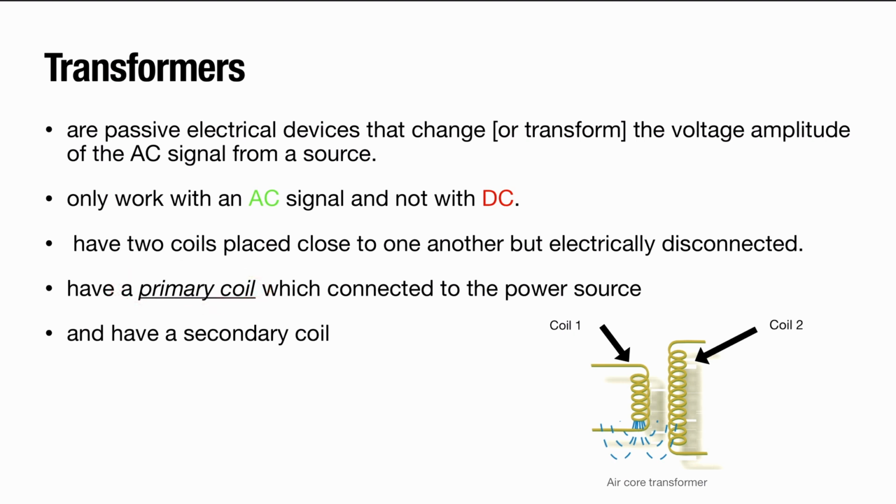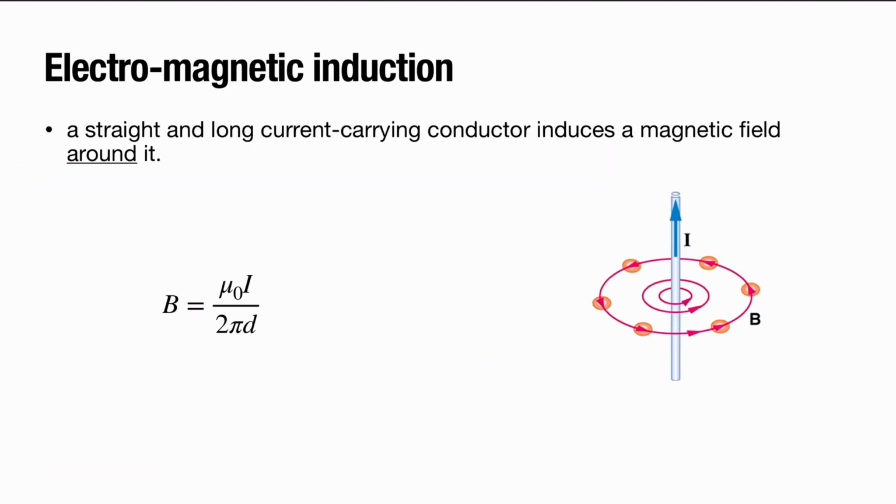Okay, now let's consider, how do transformers work? What principle of physics is being employed here? Well, the principle involved in the operation of a transformer is known as electromagnetic induction. And it is important here that we are inducing current. We have a source that is connected to one coil, and the other coil is not electrically connected to the source, so on that side, current is induced.